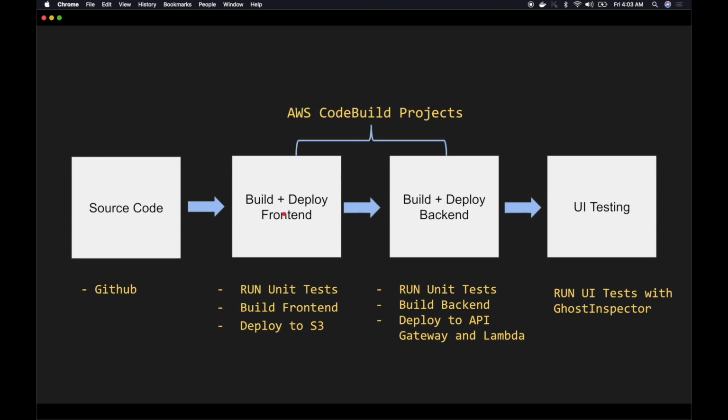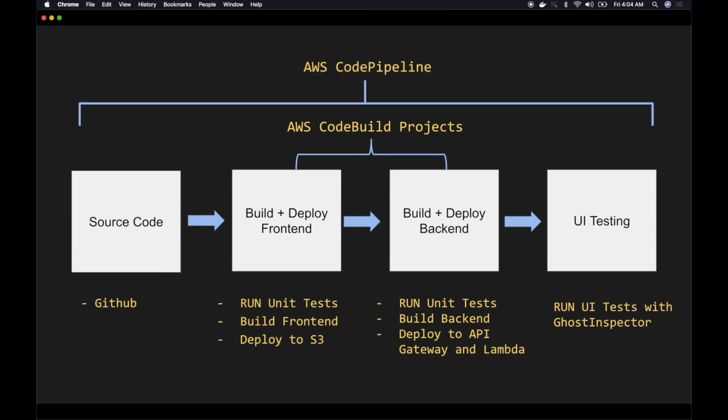Furthermore, our two build stages, the front-end and back-end stages, will be AWS CodeBuild projects, and the entire set of stages will be orchestrated by AWS CodePipeline. As I previously mentioned, there are many ways to build your CI/CD pipeline, and today we are going to follow this. So without further ado, let's go to GitHub and clone the repository.